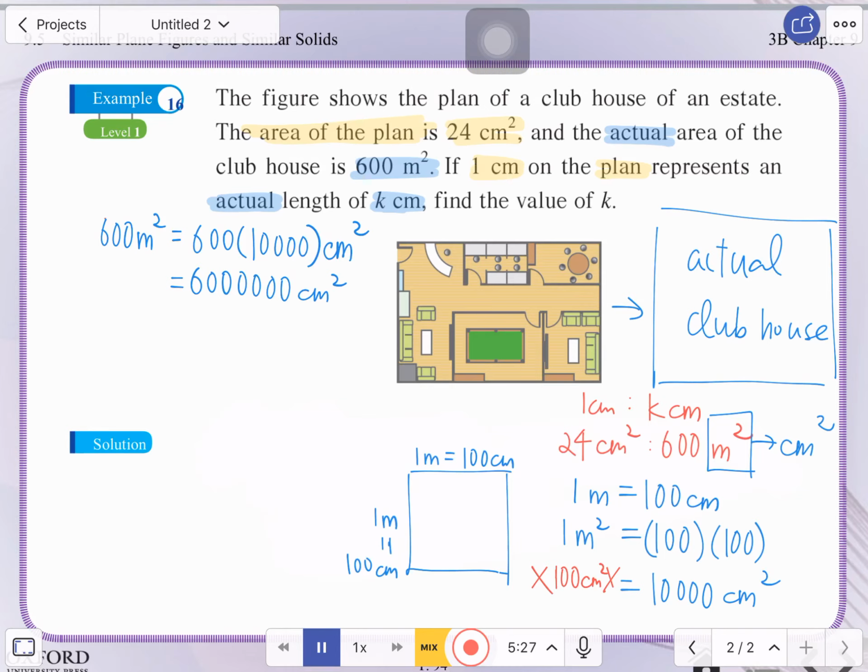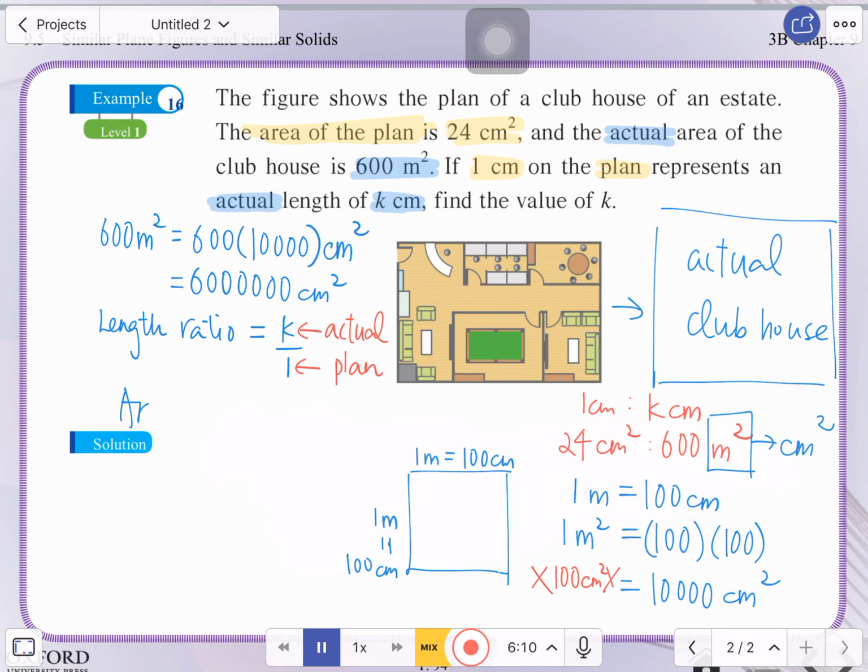So for the length ratio, it is k to 1 if I represent the actual clubhouse information in the numerator, and then 1 in the denominator represents the plan's information. So this will be the length ratio, k to 1.